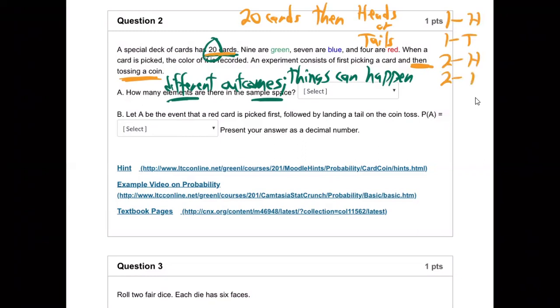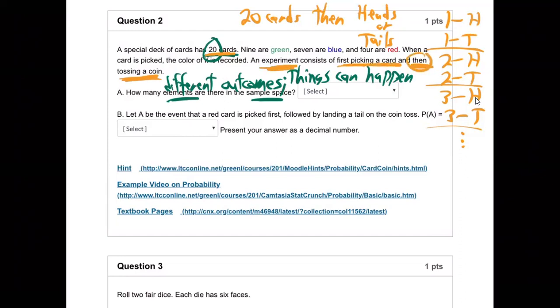Or I could get the second card and flip the coin and get tails. Or I could get the third card. You get it? For every one of these 20 different cards, I could get with it a coin flip of heads or a coin flip of tails, because the experiment is not just picking a card, it's first picking a card and then tossing the coin.